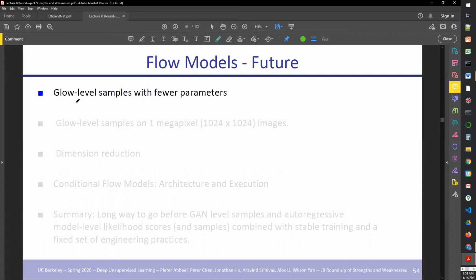The other issue with flow models is that you use a ton of parameters to get the kind of good results that we see with high quality images or megapixel images. If we recall anything from flow models, you should recall that there's no dimension reduction in flow models.